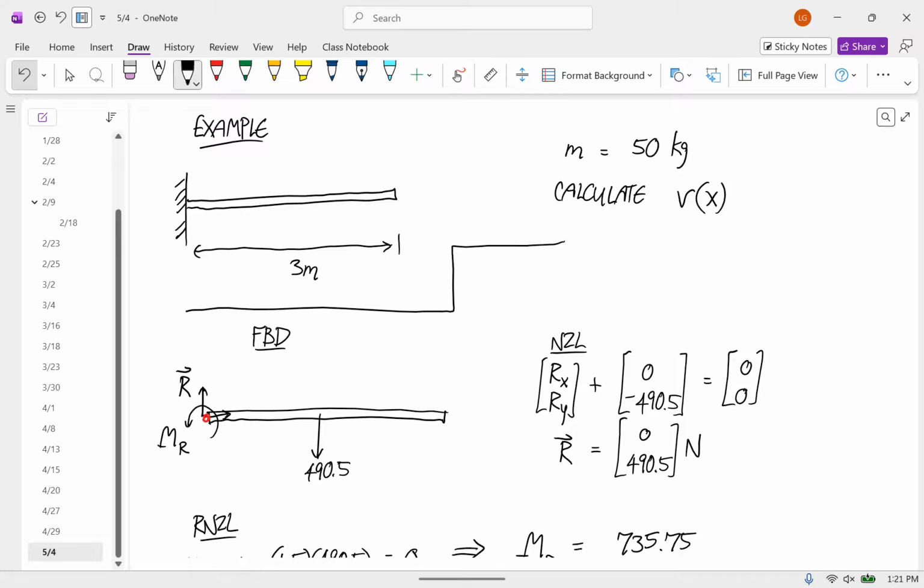Depending on the material, I didn't say what it was, but say you put steel in and you put some reasonable cross section, you would get very small deflections that get bigger and bigger as you go towards the right end because the weight of the whole thing is tilting it down. Okay, that's all.